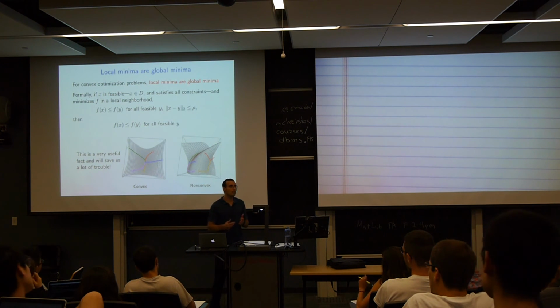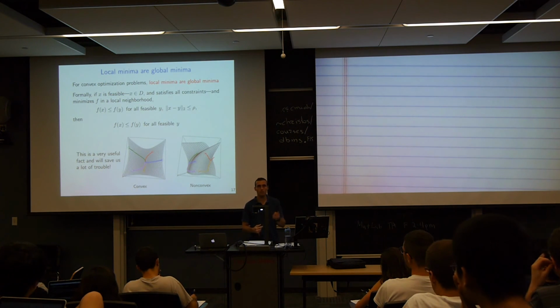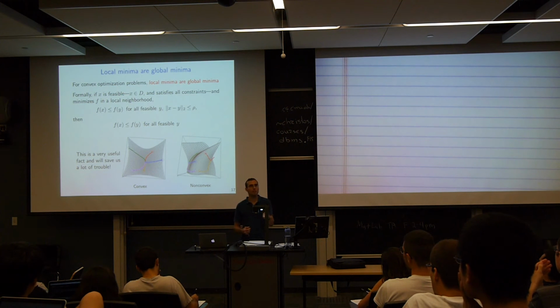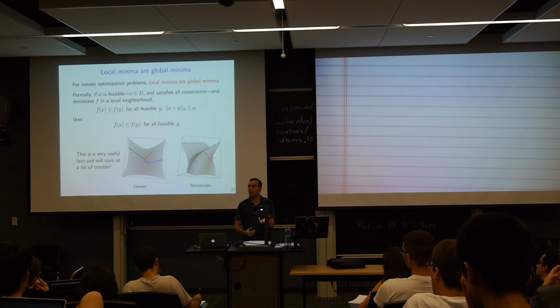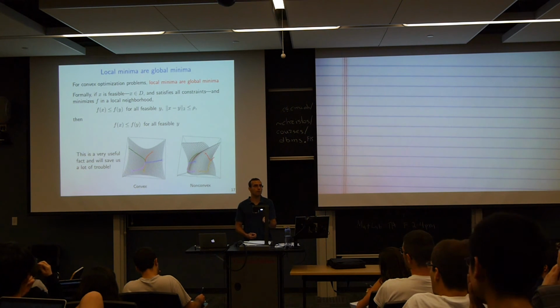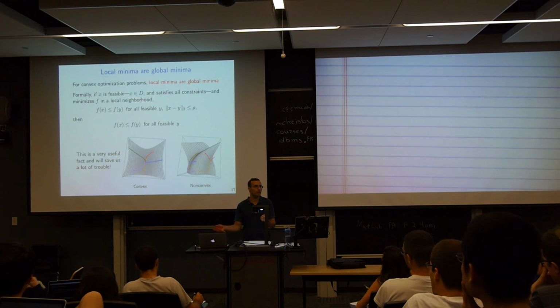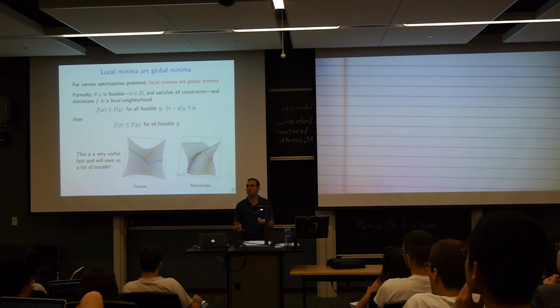So anytime you have a convex optimization problem, if you are at a spot where you think you've minimized the criterion because you look in a local neighborhood and you're smaller than everything else you see in terms of the objective value, then that implies global optimality. That means that the function is not going to achieve a lower value anywhere in the domain. That is not true about a non-convex problem, which is why non-convex problems are typically much harder to solve. It's not necessarily true about a non-convex problem, let's put it that way.